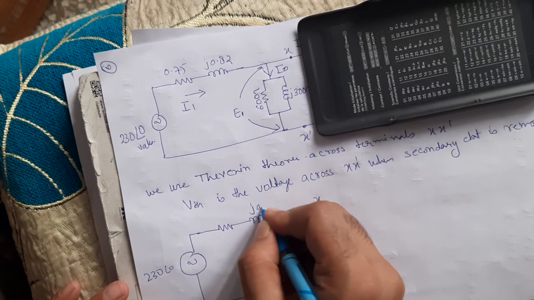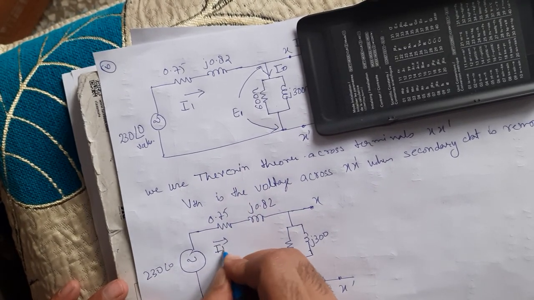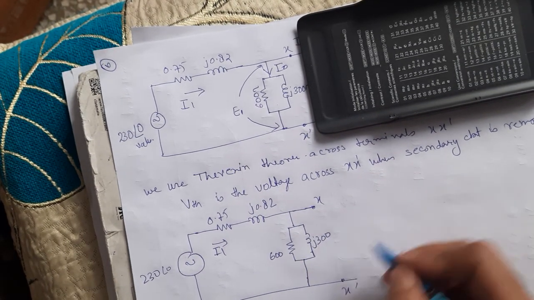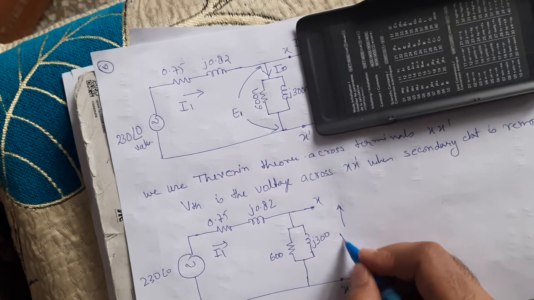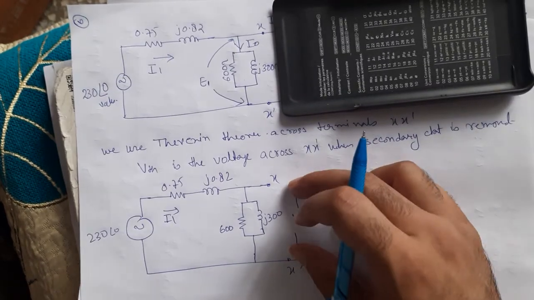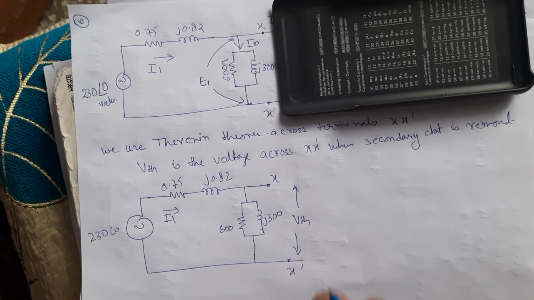This is j 0.82, and 0.75. Here the current is I1. So tell me, when I review the circuit, the voltage across these two terminals is VTH. What will be the value of VTH?